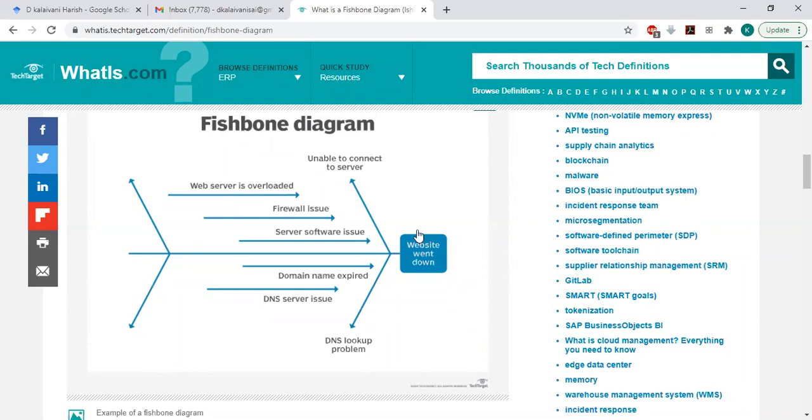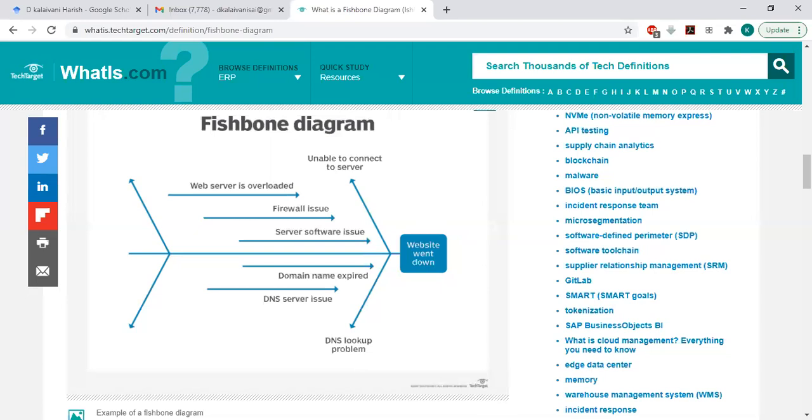So though you have a main cause, there can be sub causes between them. So now you can feel it has to be a fish. Drawing this bone, identifying the problem and finding the cause of this problem is called a fishbone.